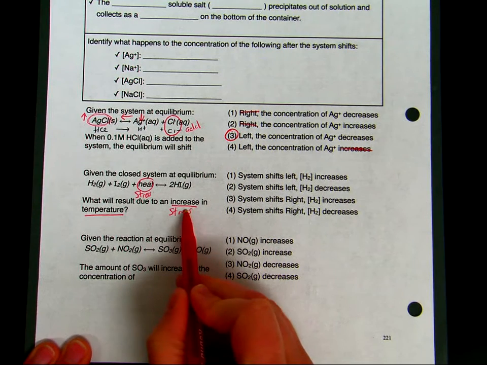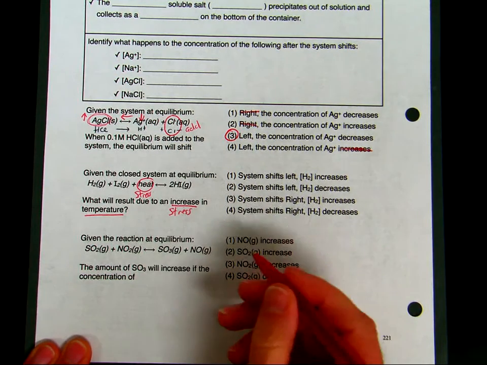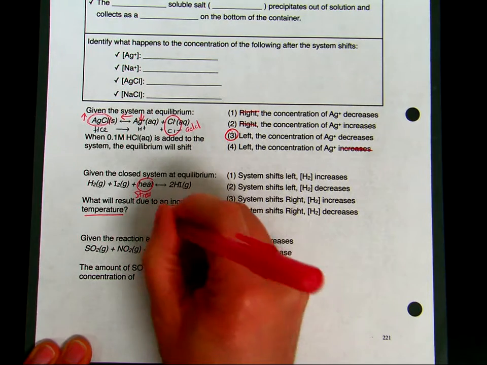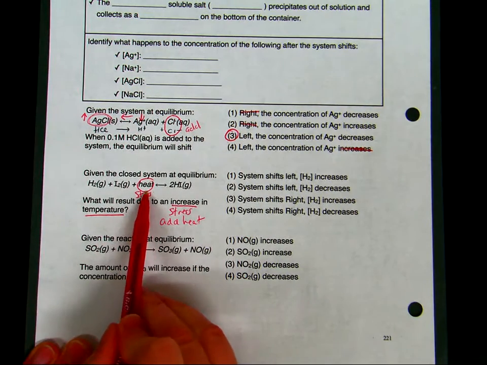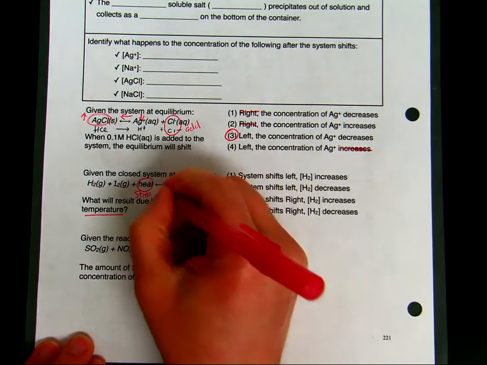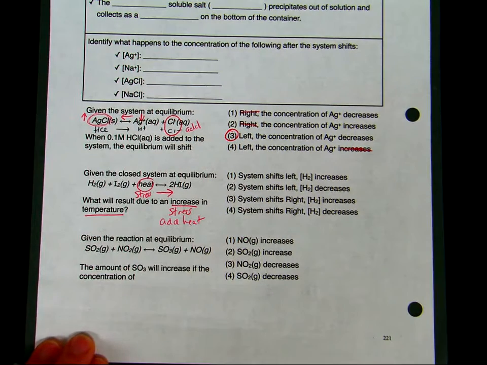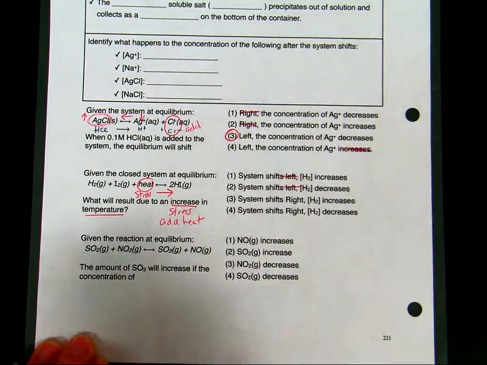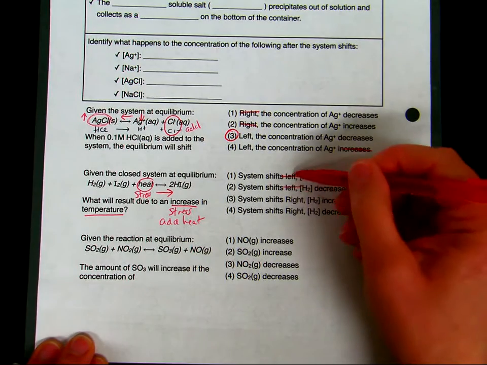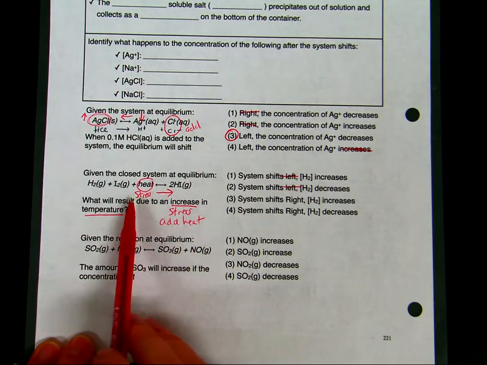And if we increase the temperature, that would be the same thing as adding heat to the system. And since heat is a reactant, we want to shift away from the reactant side. So that means our system is shifting to the right, which makes response 1 and response 2 incorrect, wrong direction of shift. And now think about it.